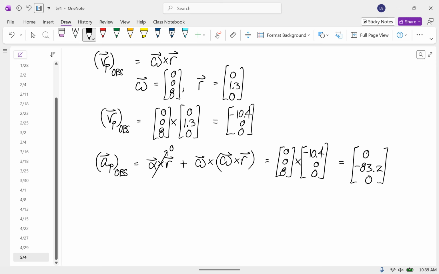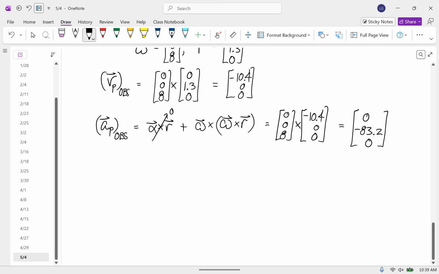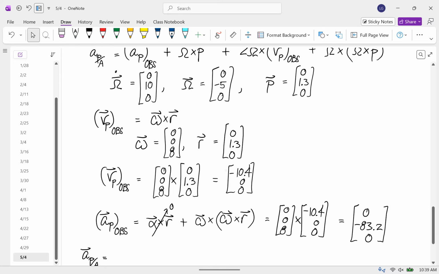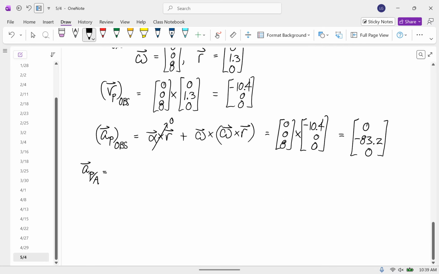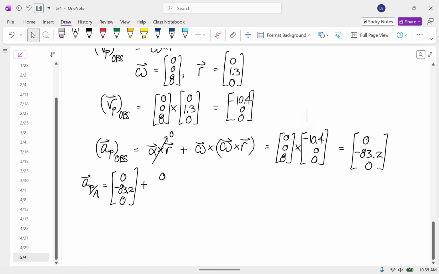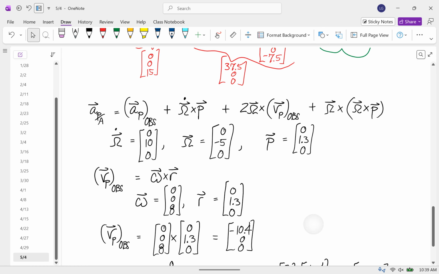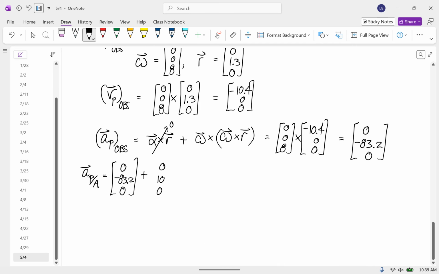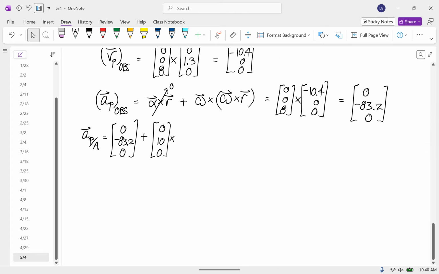And now we have all the pieces that we need to calculate this. So the acceleration of P relative to A is equal to the observed acceleration, 0, negative 83.2, 0, plus capital omega dot, which is 0, 10, 0, crossed with the position vector, 0, positive 1.30.